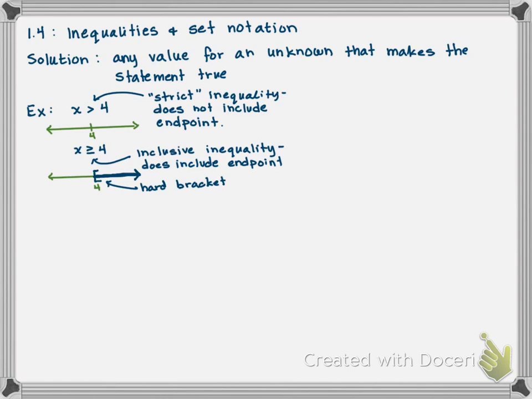And then for the other one, we're going to use what we call a soft bracket, which is just like a parenthesis. Again, I'm going to shade everything to the right of 4 to show that all the points to the right of 4 are solutions to my set.